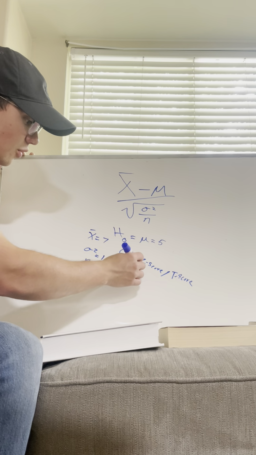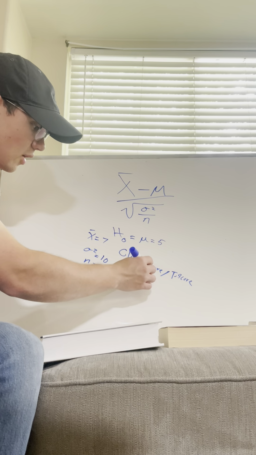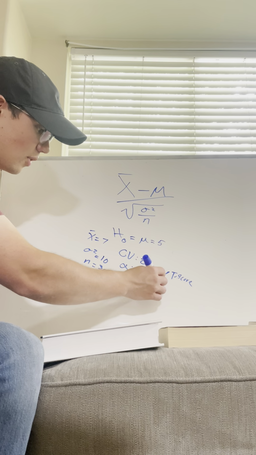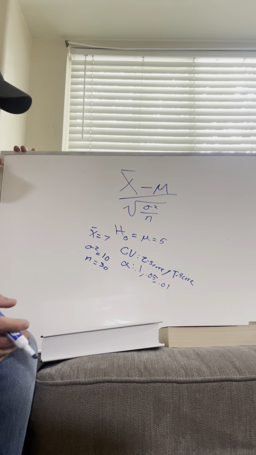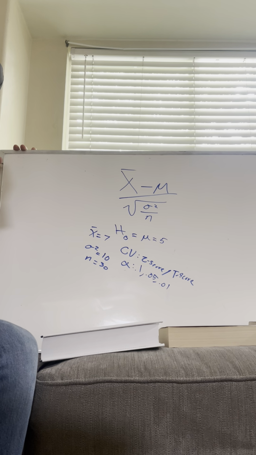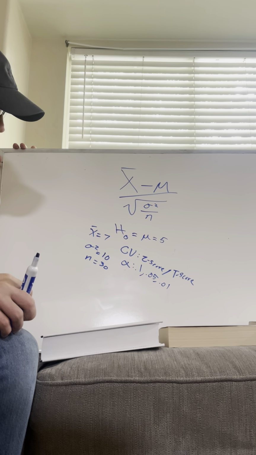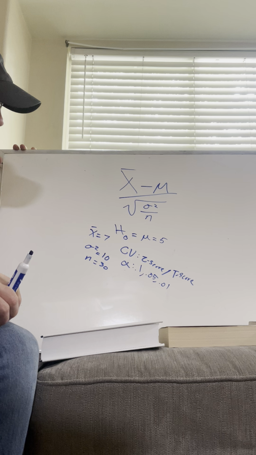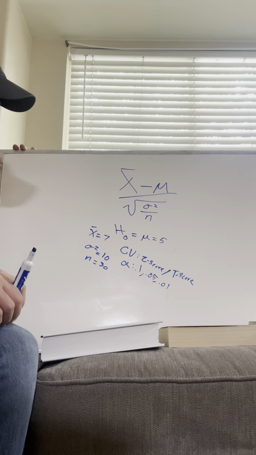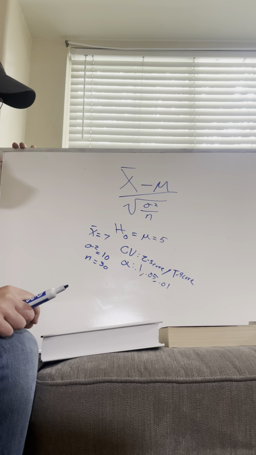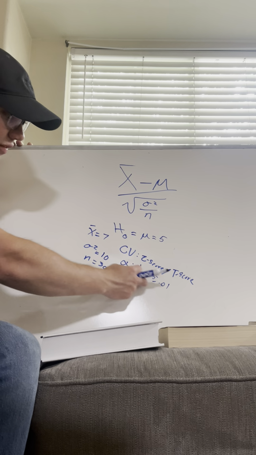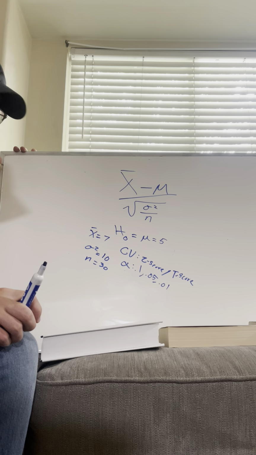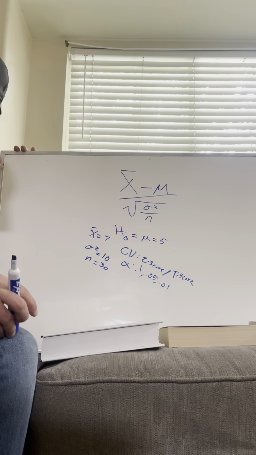Typically, you'll see an alpha of 0.1, 0.05, or 0.01. What the alpha is saying is, okay, if we observe some test statistic that has a lower probability of occurring than the level of significance, then we will reject the null hypothesis.